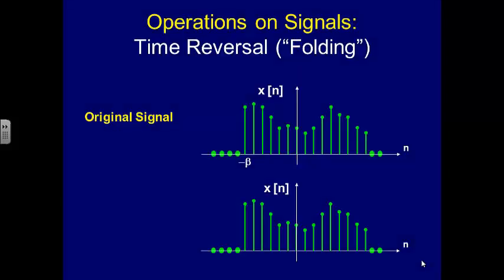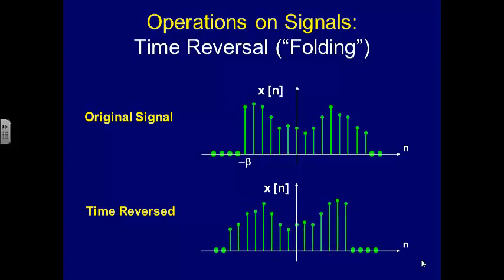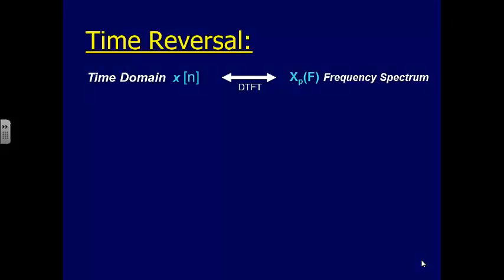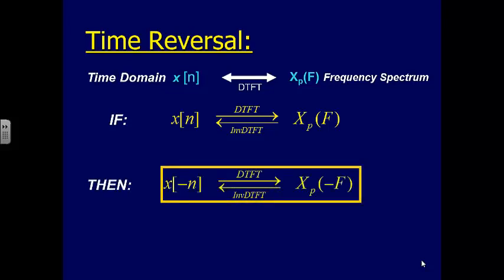If I take a time signal and reverse it, flip it around the n equals 0 axis, what does that do to its discrete-time Fourier transform? Well, if x of n has a transform X of f, and I time reverse it, I take the original transform X of f and replace f with minus f.